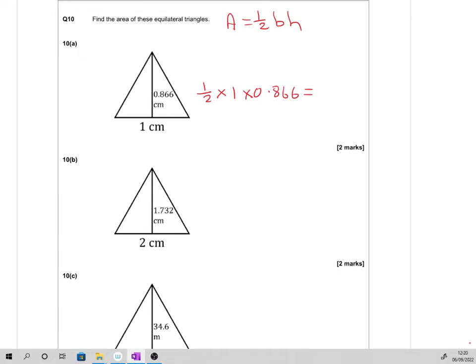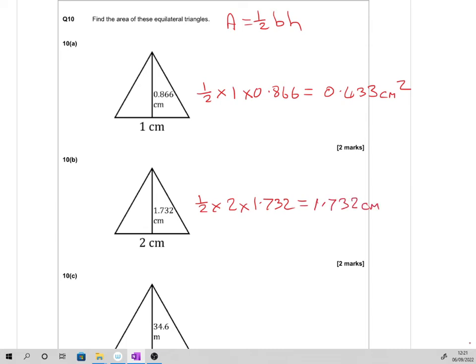So 0.5 times 1 times 0.866 equals 0.433 centimeters square. This one, a half times 2 times 1.732, which is 1.732. Yes, because look, 1 times that.